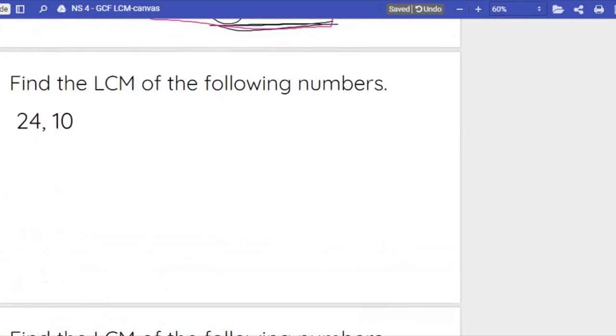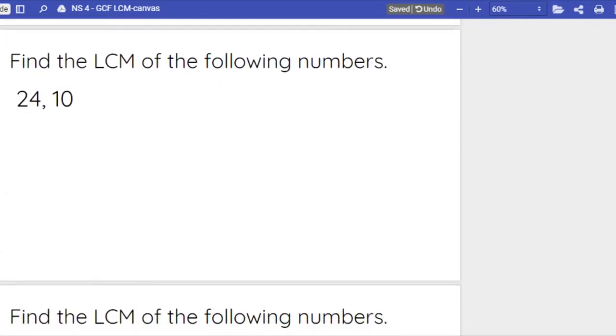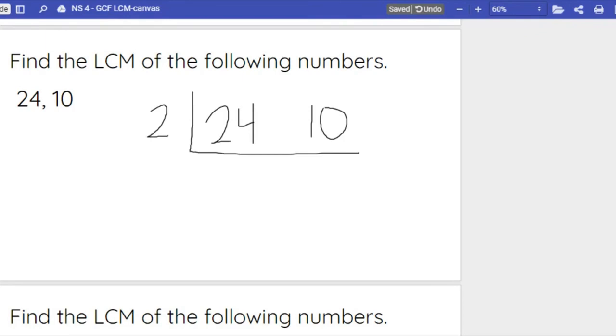Okay, try this one. After you've tried it, go ahead and press play and check your work. 24 and 10. Draw our ladder. I think of 10, I have 2 times 5, so I'm going to pull a 2 out front. 24 divided by 2, 12. 10 divided by 2, 5. 12 and 5. There are no common factors other than 1. So, least common multiple.